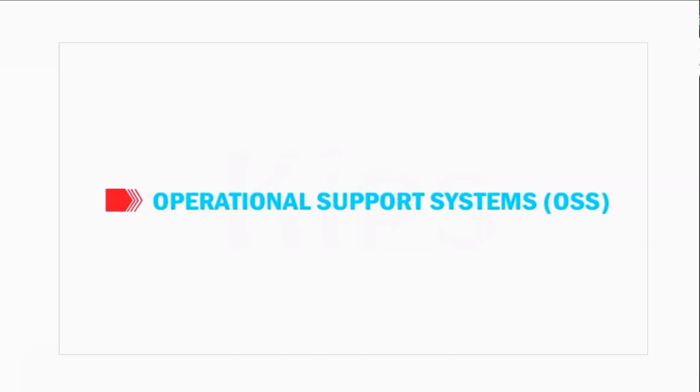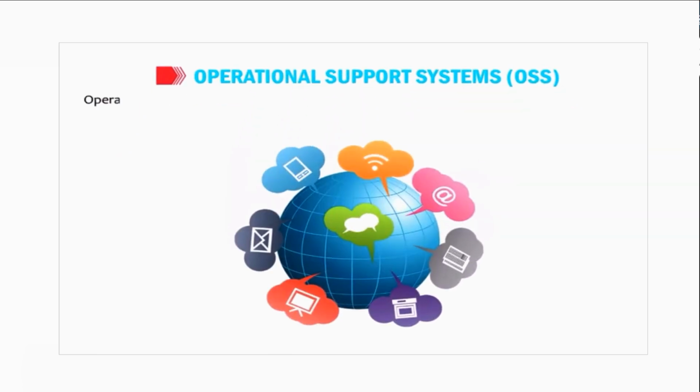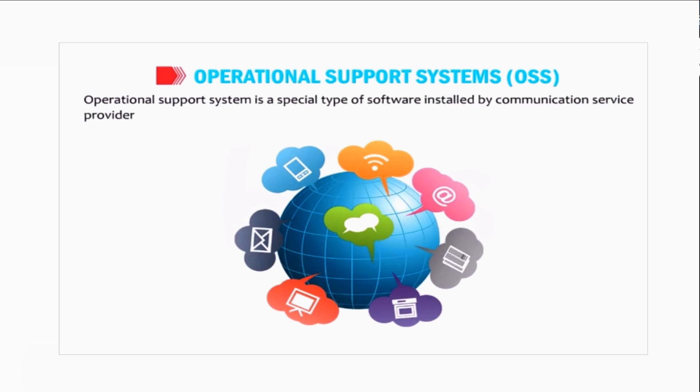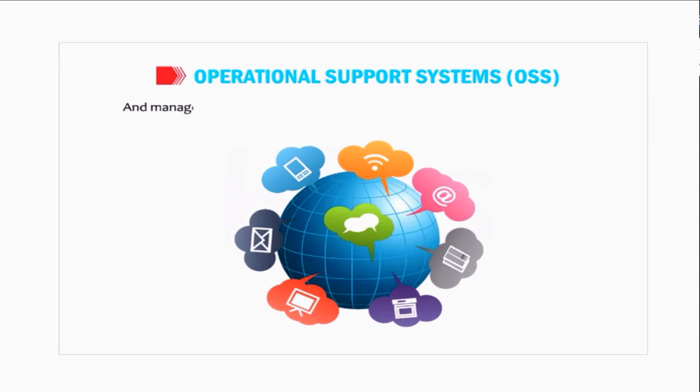Let us understand the Operational Support Systems, OSS. Operational Support System is a special type of software installed by communication service providers to operate, monitor, analyze and manage computer or telephone network systems on the client's computer.